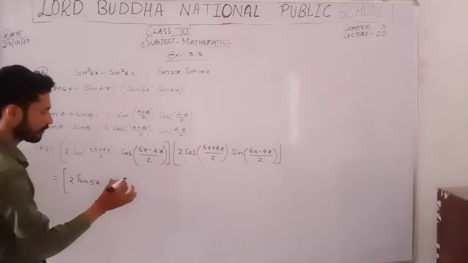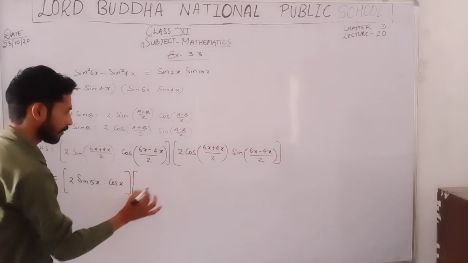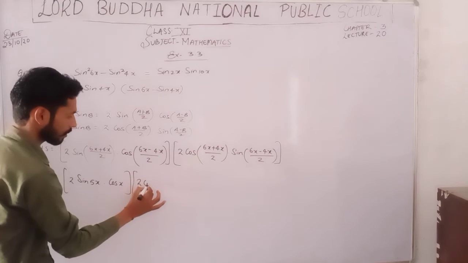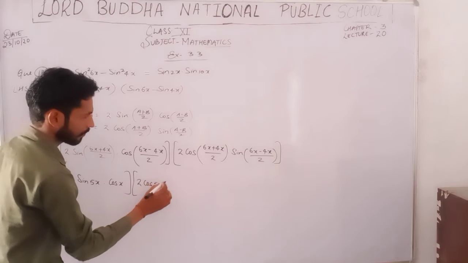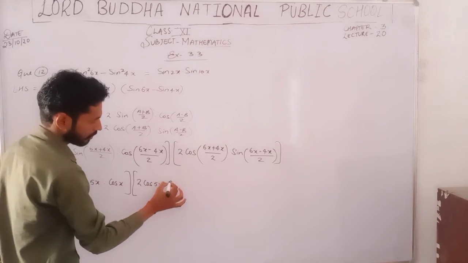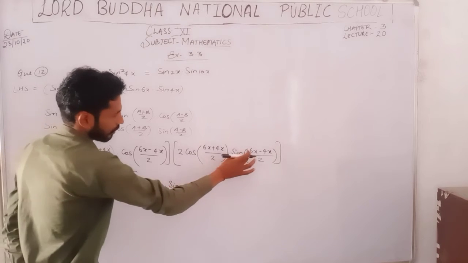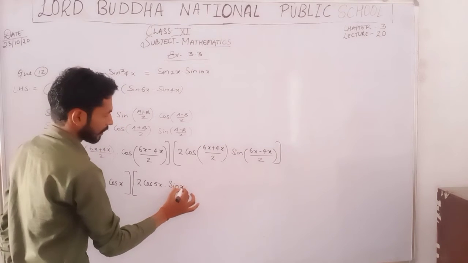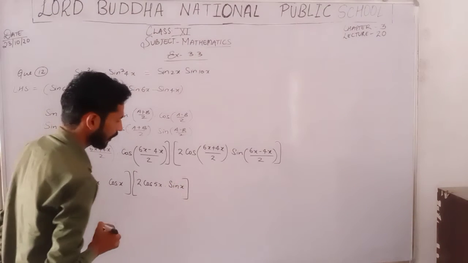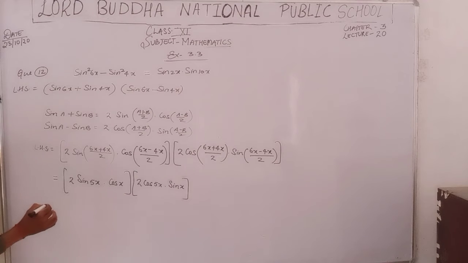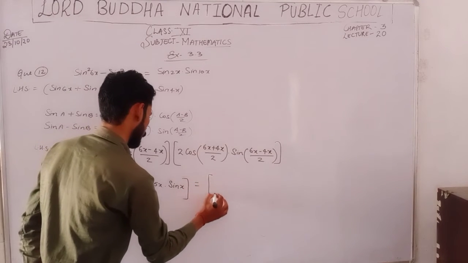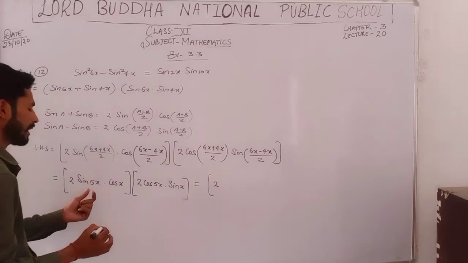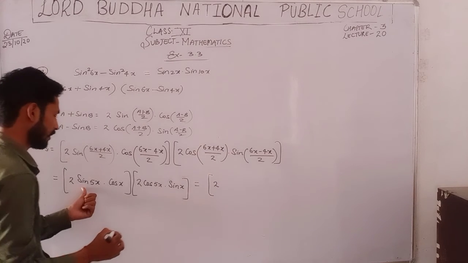Now in the next bracket here is 2 cos 10x divided by 2, that is 5x, into sin 2x divided by 2, that means sin x. So we can arrange it also like 2 sin x into cos x on the same side.